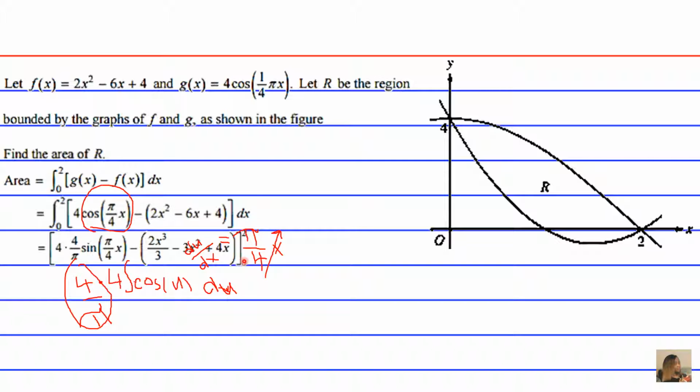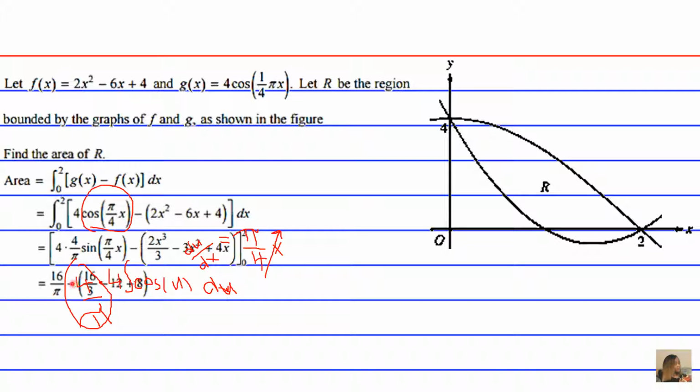This whole expression is our antiderivative, and we evaluate it from the lower limit to the upper limit. When we do that, it simplifies to 16 over pi minus 16 over 3 minus 12 plus 8.